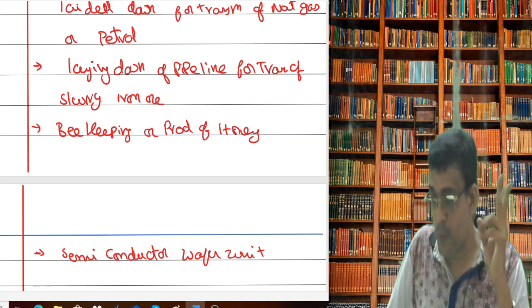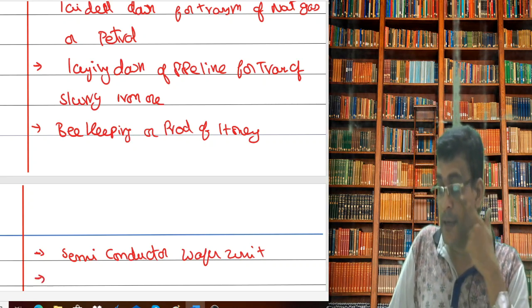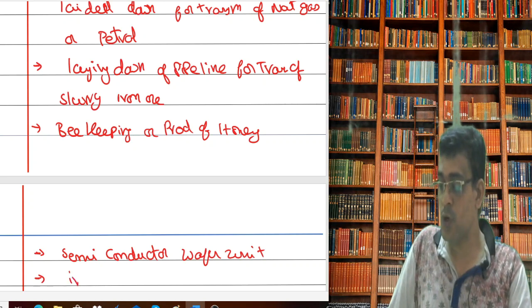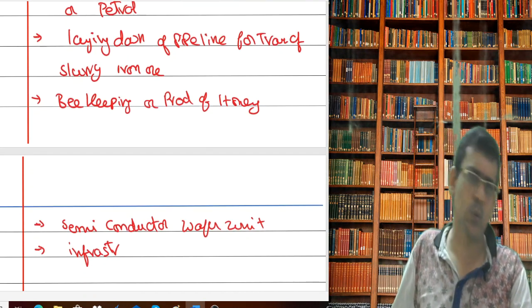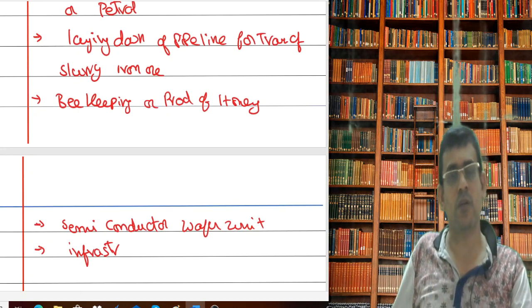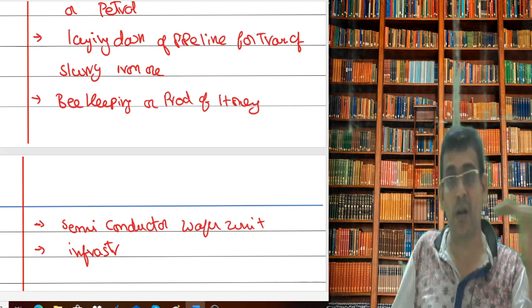And one more point I need to mention: any entity engaged in providing some sort of infrastructure. What is the meaning of infrastructure? Let me take an example of GMR. What does GMR generally do? It will construct dams, roads, or airports.